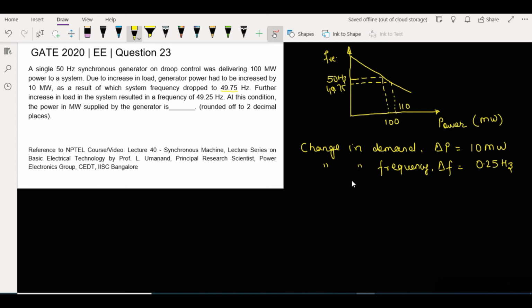So the slope, that is speed regulation, it is also known as, R is given as del F by del P. So del F is 0.25 and del P is 10, right? So R comes out to be 0.025 hertz per megawatt, right?